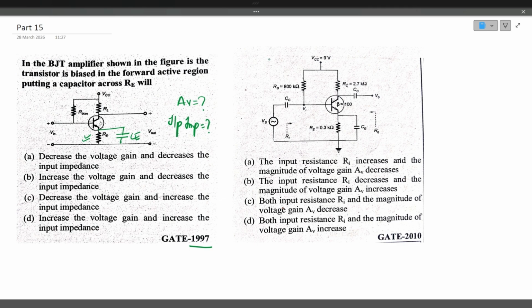If you see the second question, this is also a similar question. Here he is asking what will happen if CE is removed. What will happen to input impedance and voltage gain?